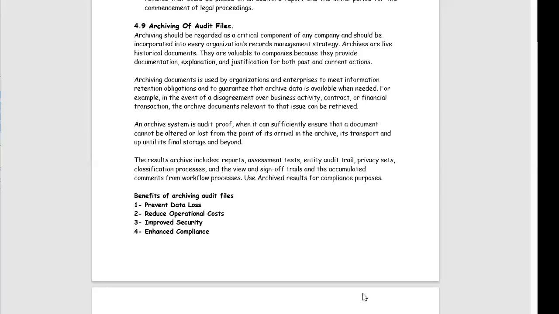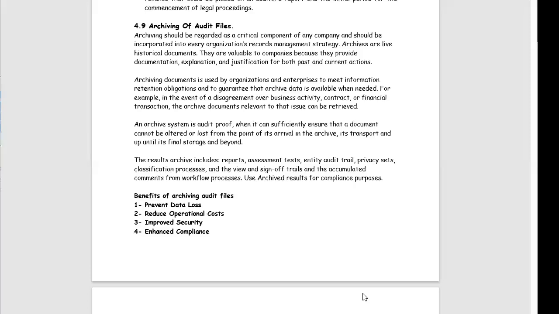So we are on archiving of audit files, the last subtopic for this chapter. We do have these notes in the group, a soft copy of this. I don't have a hard copy this time.